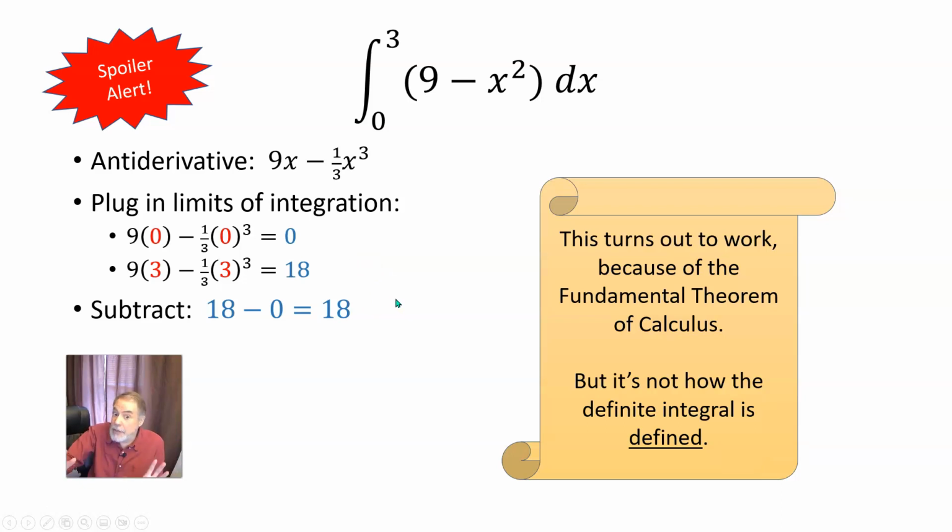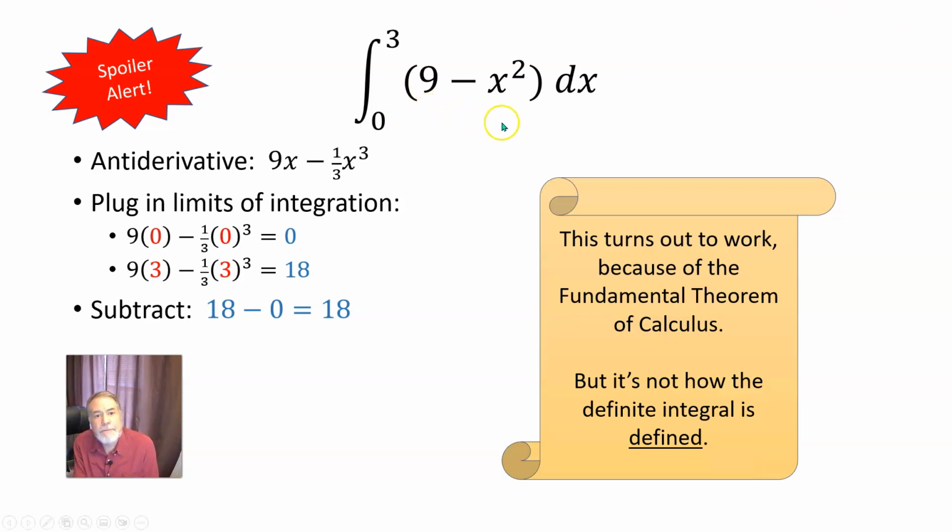If you haven't studied calculus before, don't worry about this. You are allowed to pretend you've never seen this before. But if you have seen this before, this turns out to work because of the fundamental theorem of calculus. But it's not how the definite integral is defined.